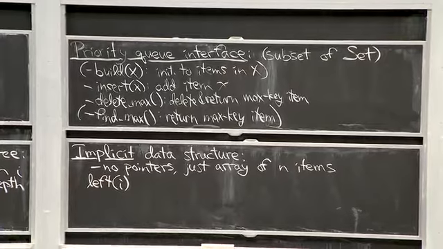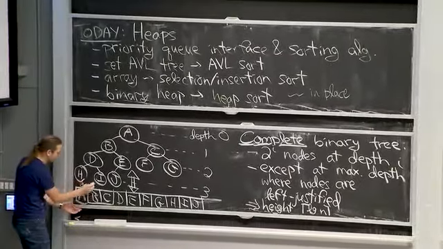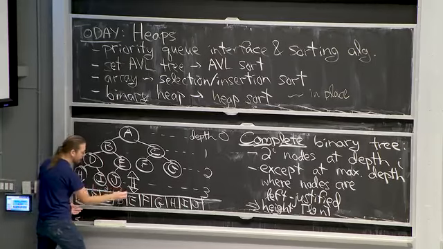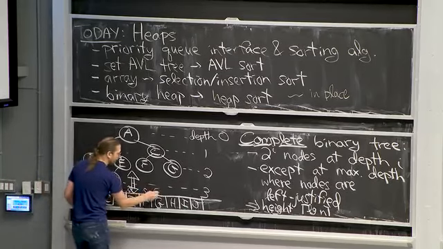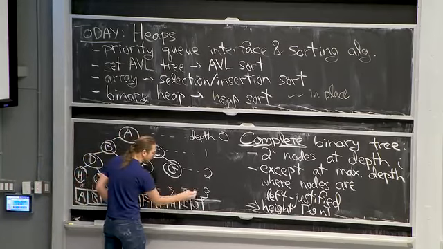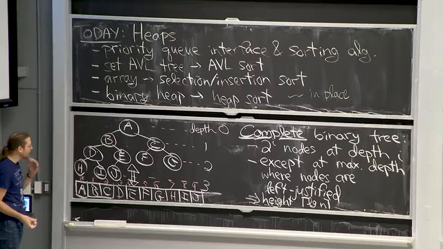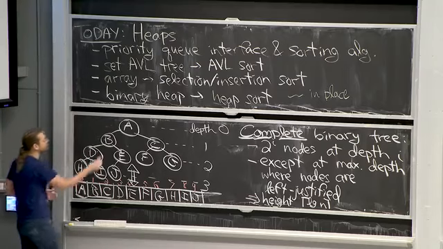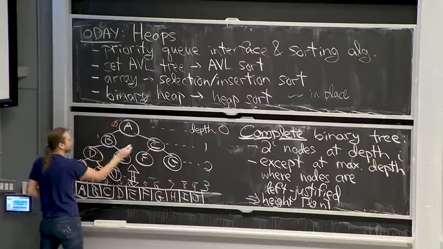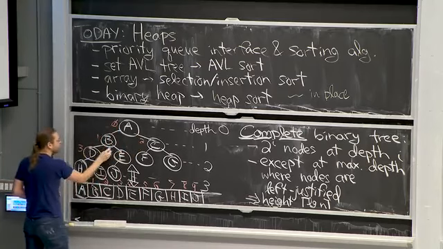This array naturally has indices, right? This is index 0, index 1, index 2, index 3, index 4, index 5, index 6, 7, 8, 9, because there are 10 items, 0 through 9. And I can apply those labels up here, too. These are the same nodes, so 0, 1, 2. This is just depth order.